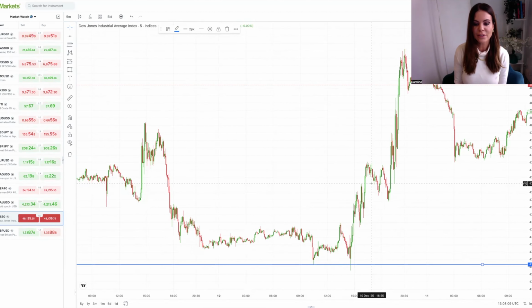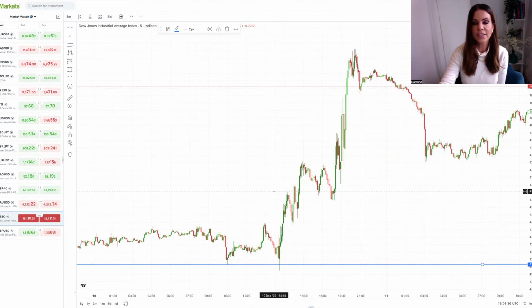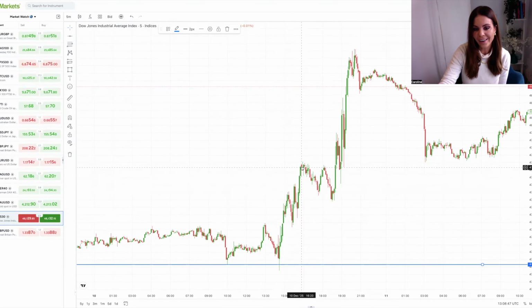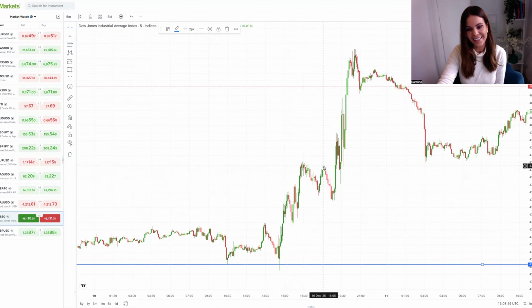And the final element of smart money concepts we're going to be looking at in this video is changes of character. So this is the first sign that the market may be changing trend direction. When you look at market structure, you're always looking at the swing high, or the highest point, and whether the market's making higher highs and higher lows, or whether it stops making higher highs and starts making lower highs.